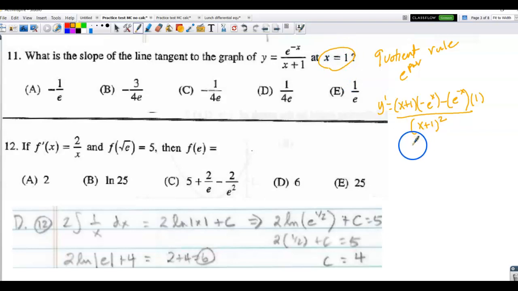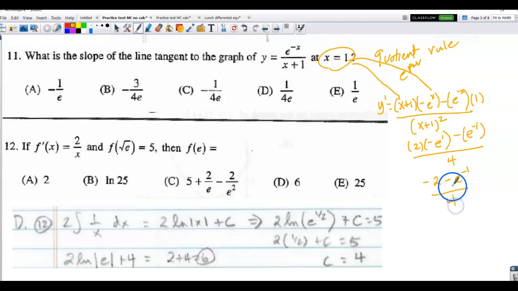We're substituting an x value of 1, so if I substitute here, 1 plus 1 is 2. If I substitute here, that gives me times -e to the first minus e to the -1 times 1 over 1 plus 1 is 2, and 2 squared is 4. So that gives me -2 minus e to the -1 over 4.